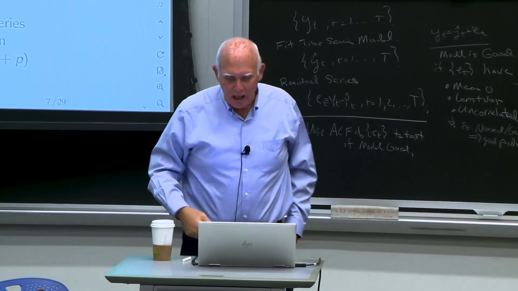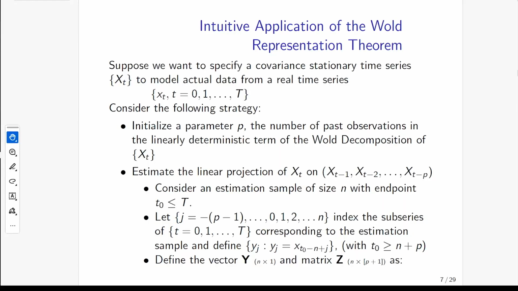And so, how would we use this Wold representation theorem? Well, if we have a time series x_t to which we want to fit a covariance stationary time series model, the first thing we would do, perhaps, is detrend the series x_t so that it has a constant mean level.